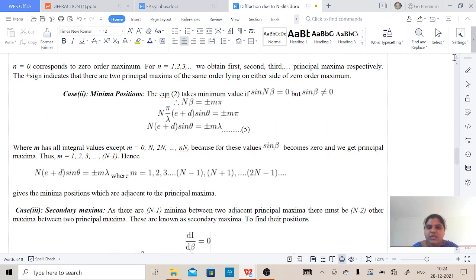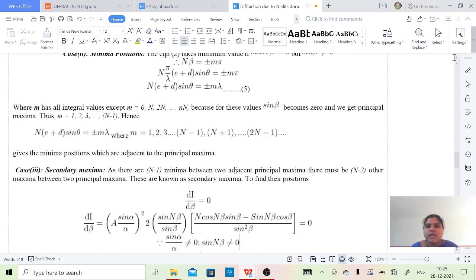That means whenever we have n number of slits, there is a condition of principal maxima, n minus 1 minima and n minus 2 secondary maxima. For example, if we have 10,000 slits, there are 10,000 minus 1 minima conditions and 10,000 minus 2 secondary maxima conditions. That is the meaning of that sentence.